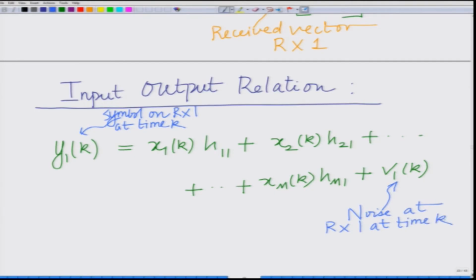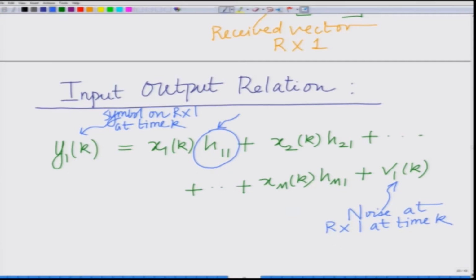at time k. Now look at this quantity h11, this is the coefficient between transmit antenna 1 and receive antenna 1. h21 is the coefficient between transmit antenna 2 and receive antenna 1, alright, and so on and so forth.